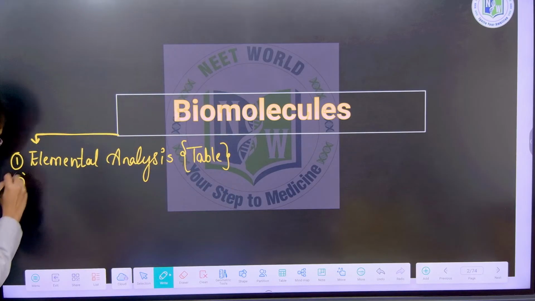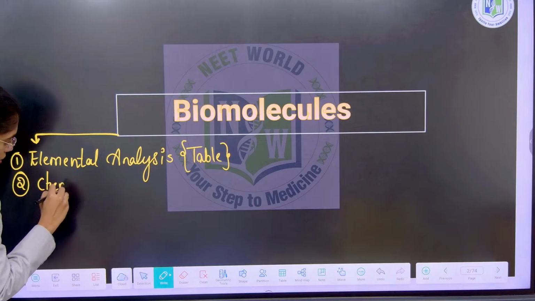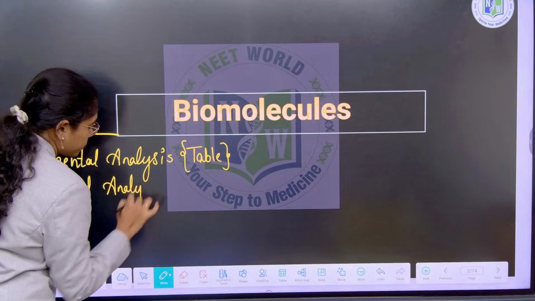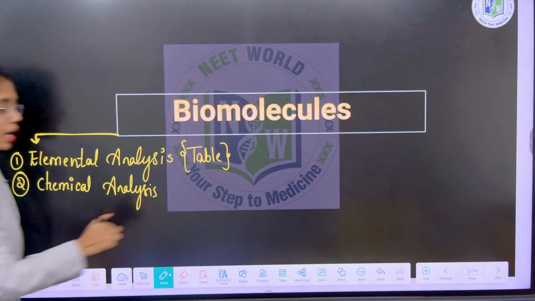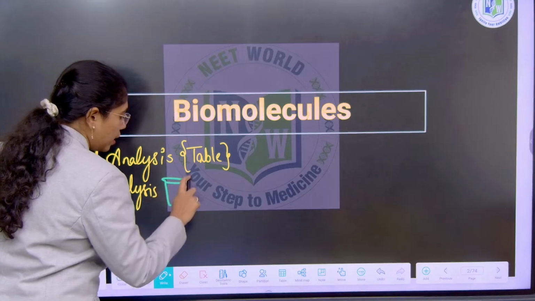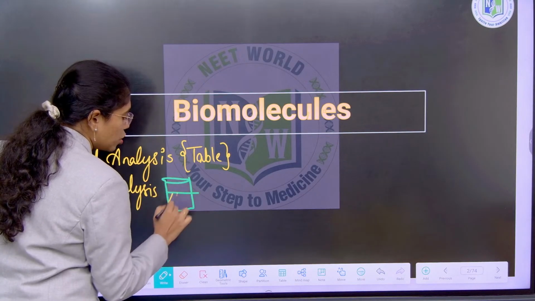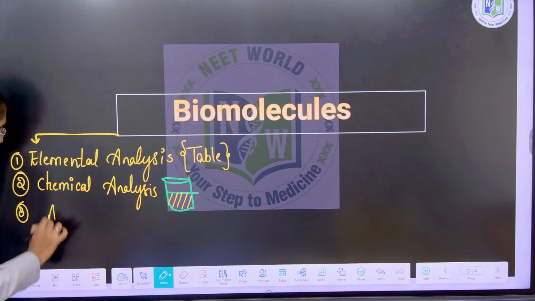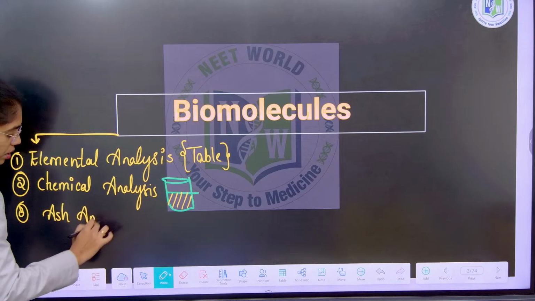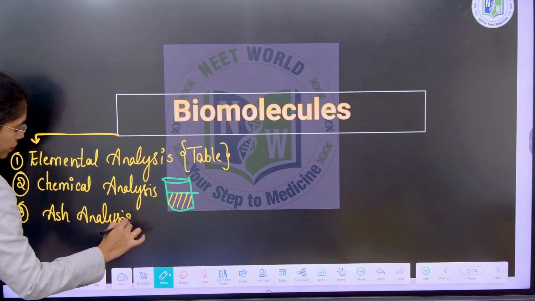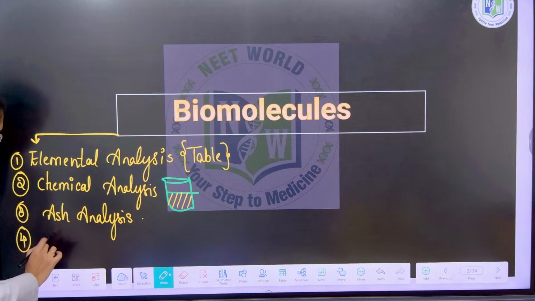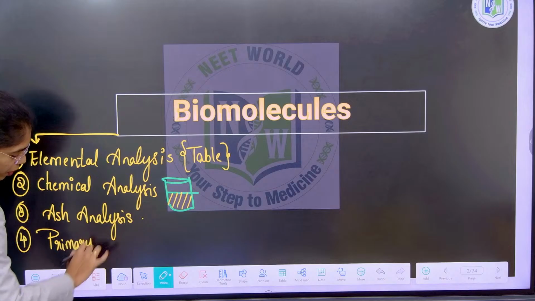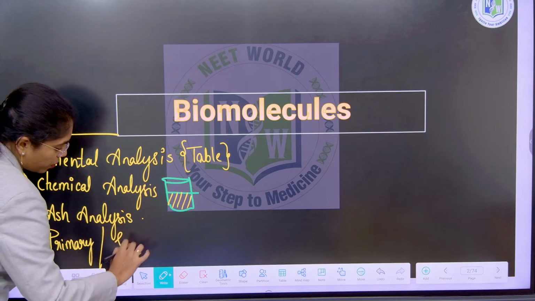Second will be chemical analysis, its procedure, and what you are going to get in the acid soluble and acid insoluble pool, that you have to identify. And third is ash analysis, you will be learning, and then differences between primary versus secondary metabolites.